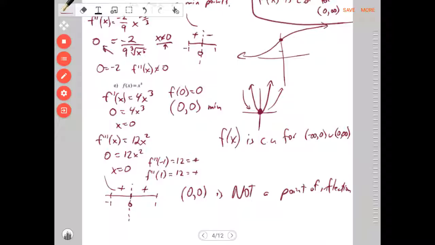We can't just say as an element of the reals here, because at 0, it's neither concave up nor concave down. It's undefined, at least the second derivative is. So we still have to have the region separated like that. Those are the regions. It's a minimum, and there are no points of inflection for this graph.